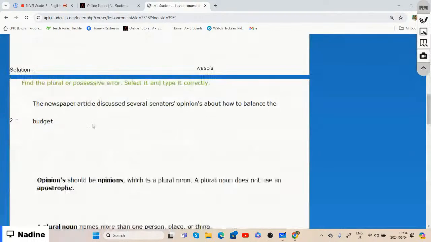All right. So it says the newspaper article discussed several senators' opinions about how to balance the budget. And opinion's is wrong, right? Opinions is without the apostrophe and only an S to show the plural.